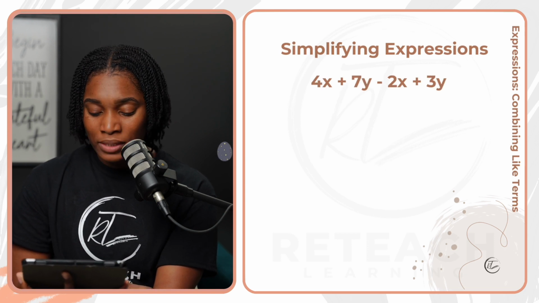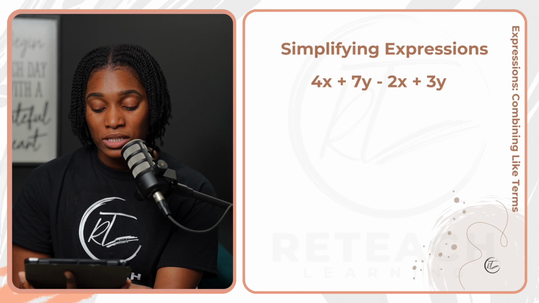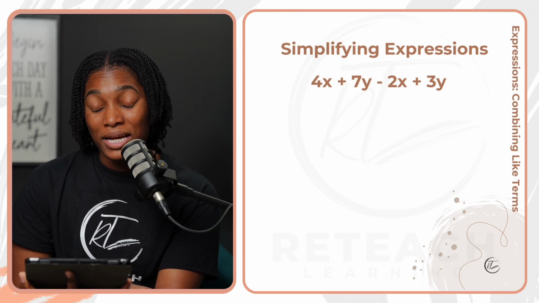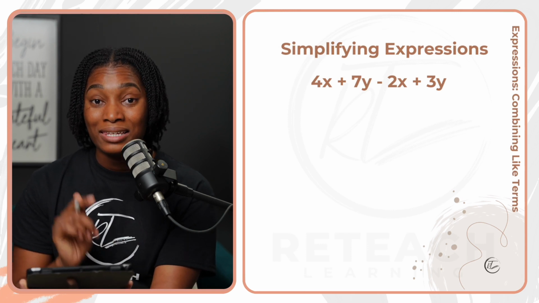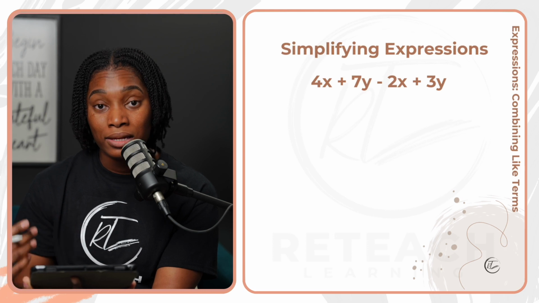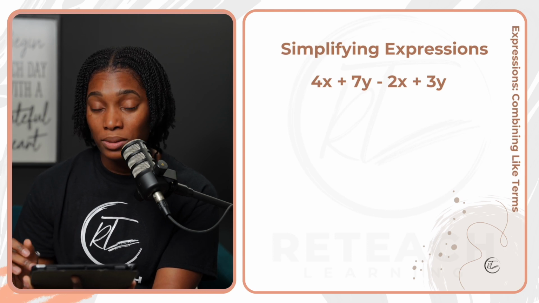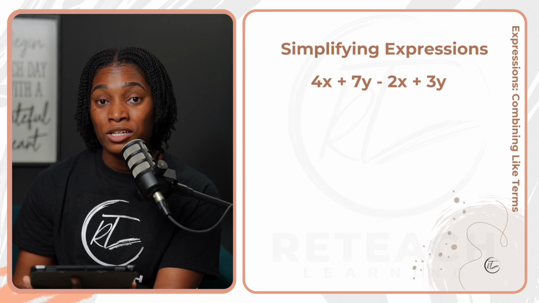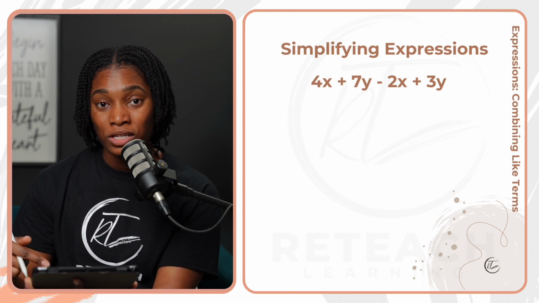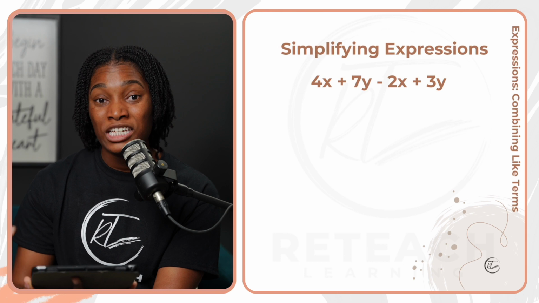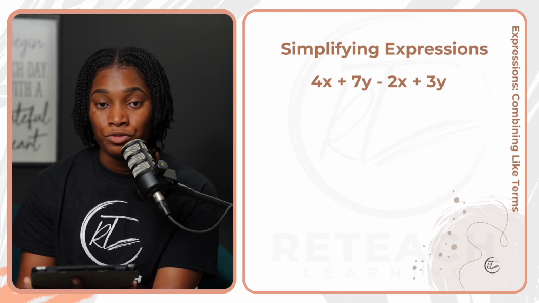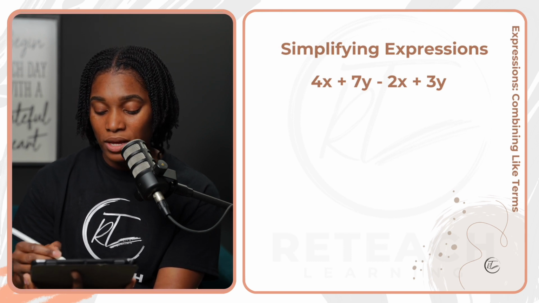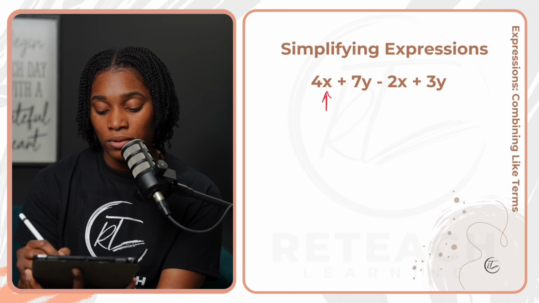All right. So we have simplifying expressions and we have another expression here. But remember, we're combining like terms. So let's look at the like terms, and we determine the terms based on the variable. And there's another piece that's going to come in the next question that has to do with the exponent. But let's focus on the variable for now. So we have an x here and we have an x here.